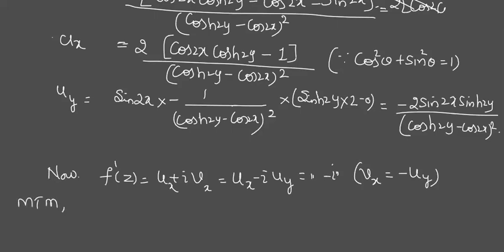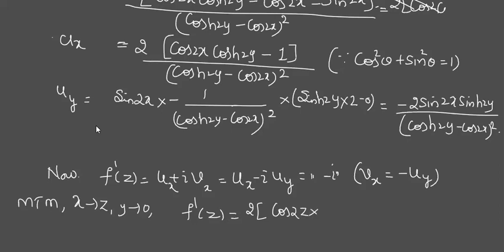Instead of wasting time showing that substitution, you are aware how to do it. Just change x to z, y to 0. So my f dash of z will be, just be careful, y is 0. So this is my ux. If I substitute, first ux to be substituted, 2 into cos of 2z, correct?